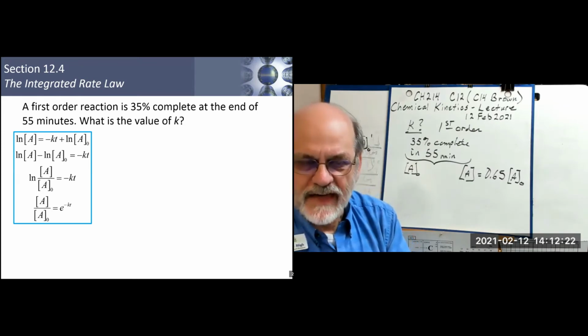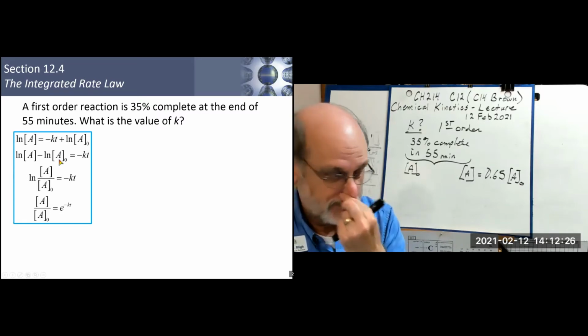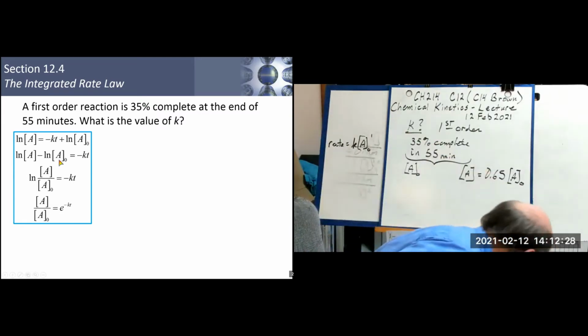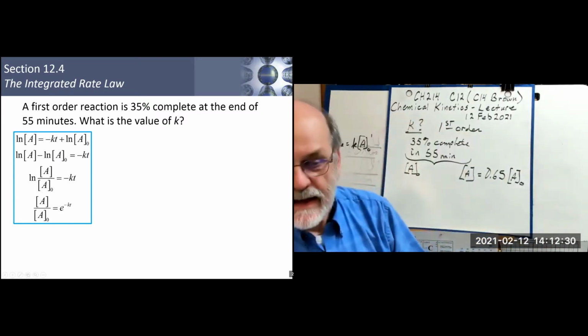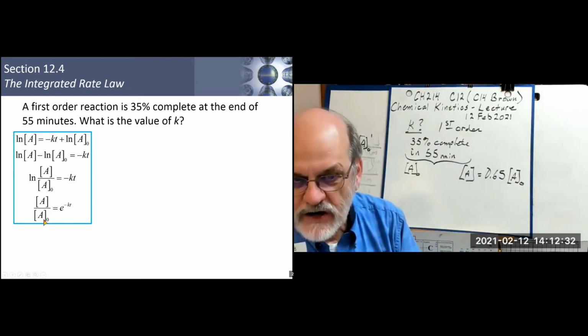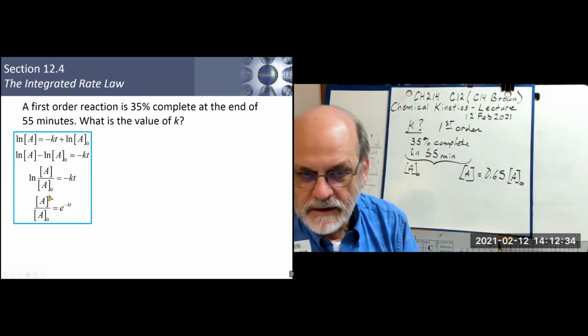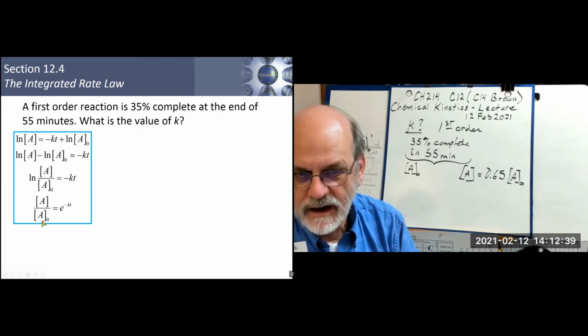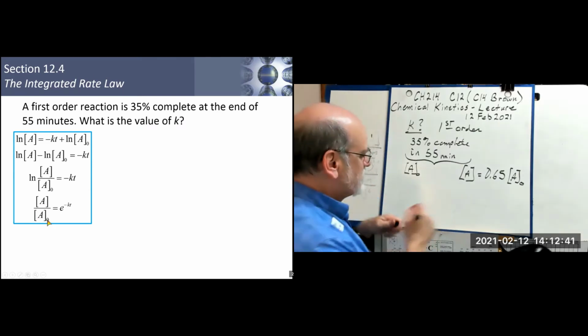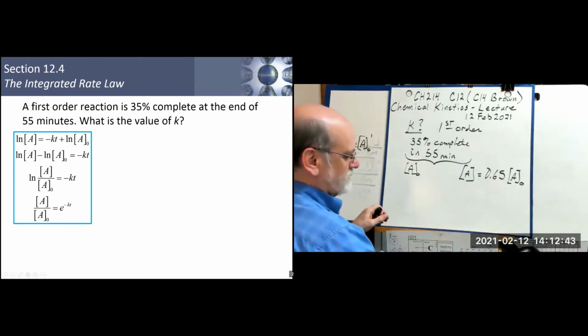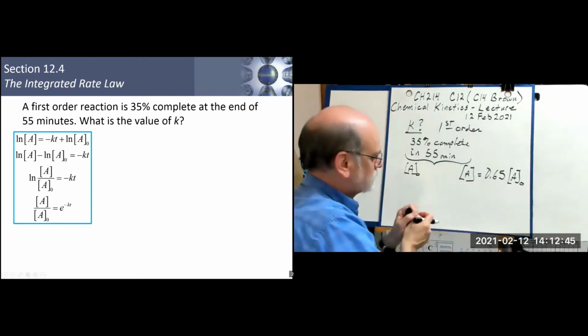Okay, so the reason that this one is being manipulated in this fashion is to make this ratio down here. This one divided by that one is equal to this, right? Look at that.